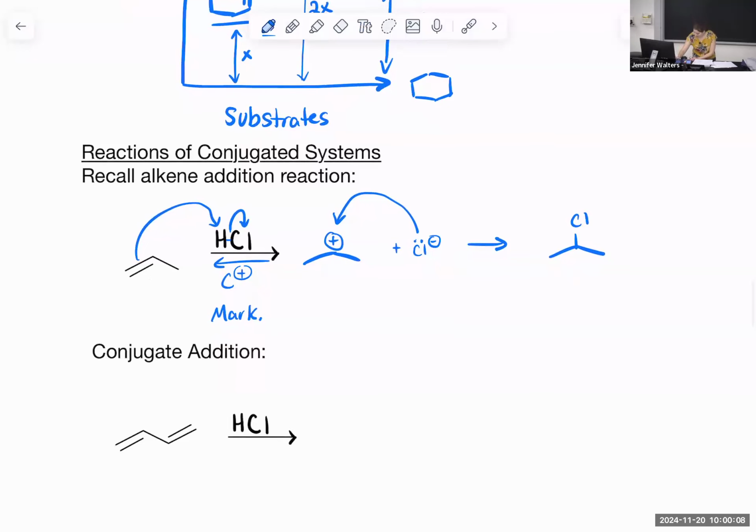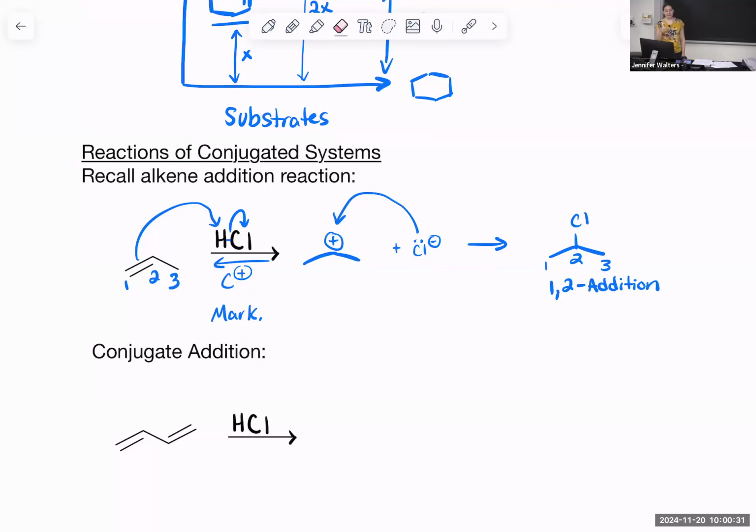Another way of describing this product is that it's 1,2 addition, because we added a hydrogen onto carbon 1 and a chlorine onto carbon 2. So it is considered 1,2 addition.